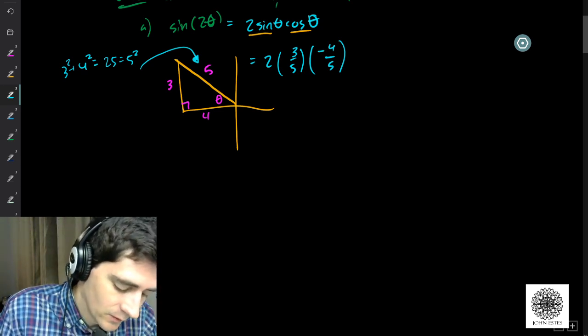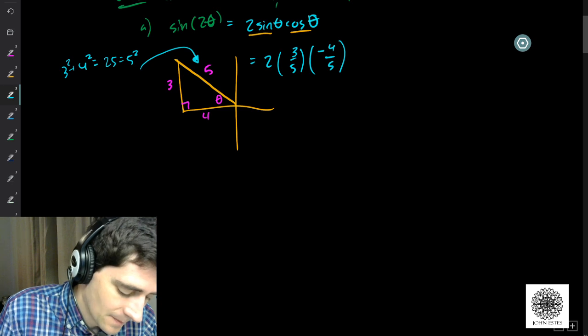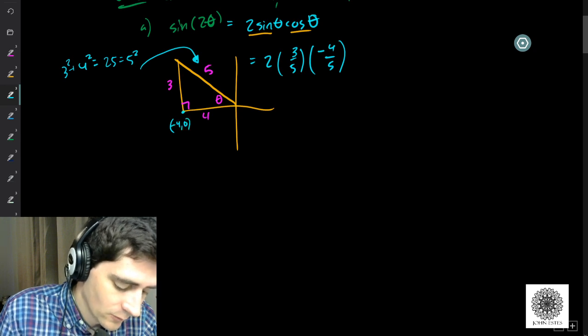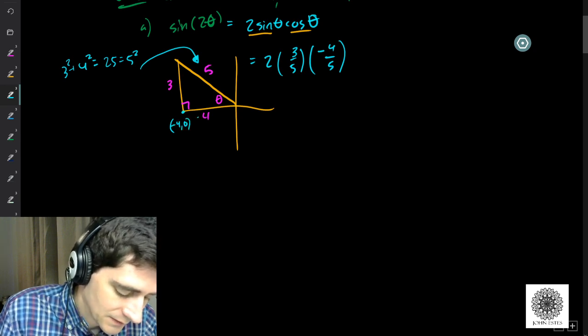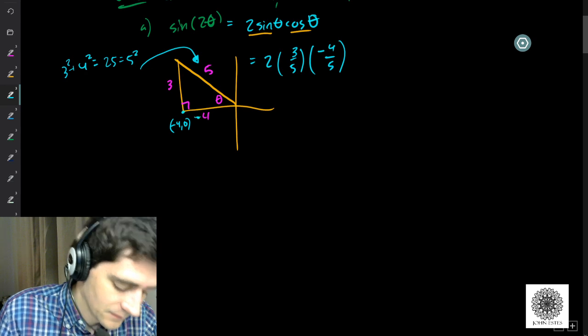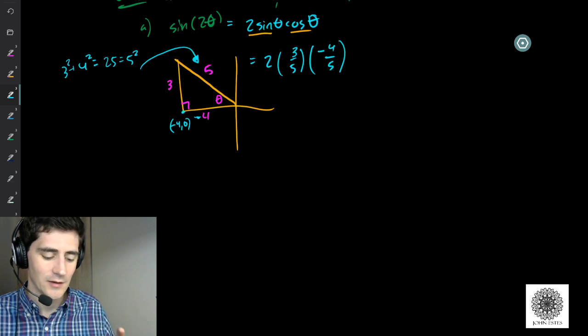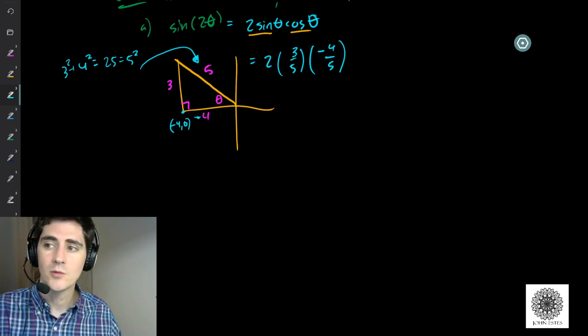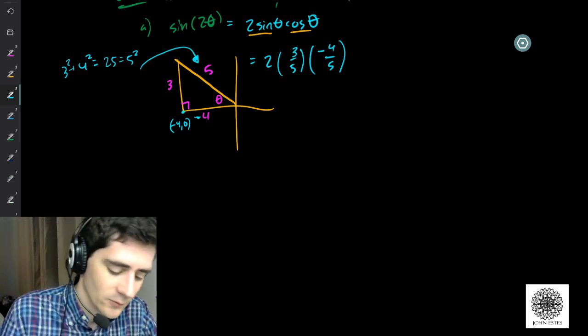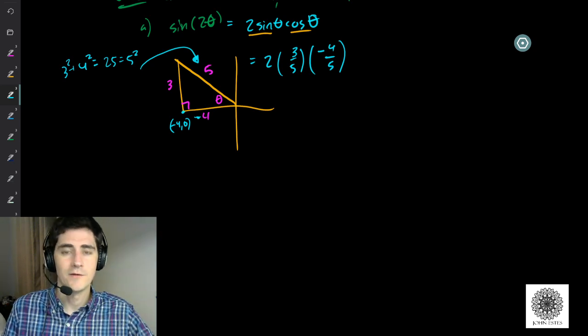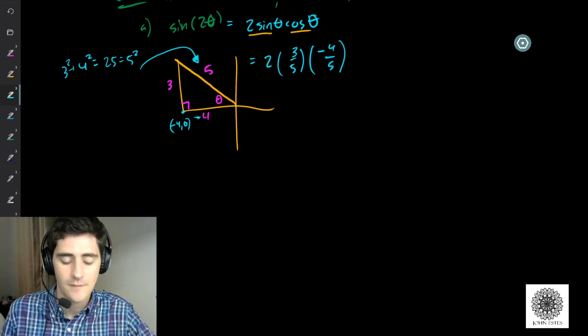If we wanted to be technical, if you think about where that point is, it's the point negative 4 in the x direction, 0 in the y. So maybe it would have been smart to say this side length is not 4, but negative 4. That would help us figure out the signs appropriately. But we could just remember we're in the second quadrant, so cosine's negative.